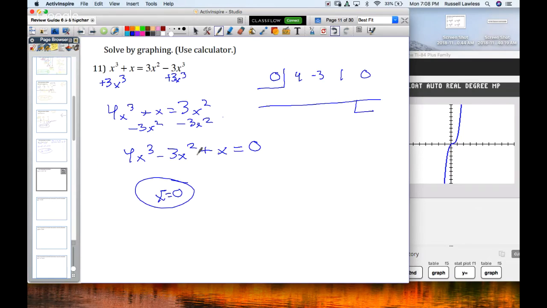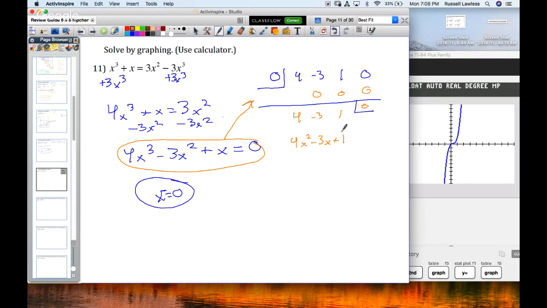I'm using this polynomial here for synthetic division. I found one of my zeros. I'll bring down the 4. 4 times 0 is 0. Bring down the -3, 0 times -3 is 0, 1, 0, 0. So no remainder. So that's going to be leaving me with 4x squared minus 3x plus 1.